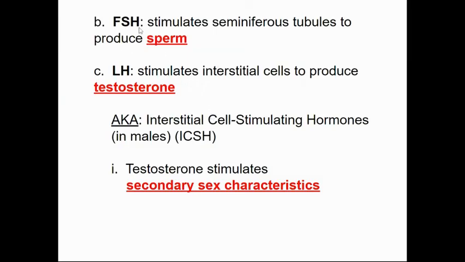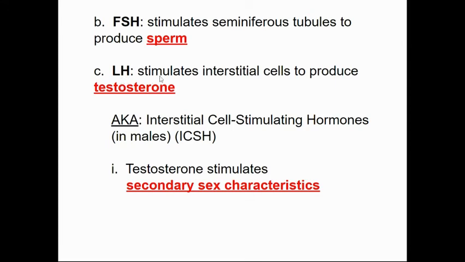So follicle stimulating hormone in women is going to stimulate the maturity of a follicle to release with an egg that could then go on to complete development and potentially be fertilized. So here, there's no follicles to stimulate, but that's what stimulates the sperm. So they do have a similar function in that they both stimulate the gonads to produce the gametes.